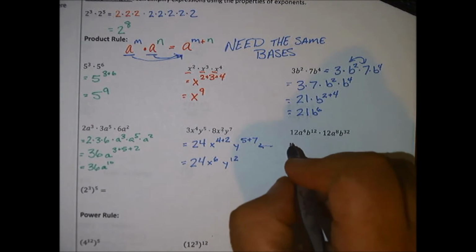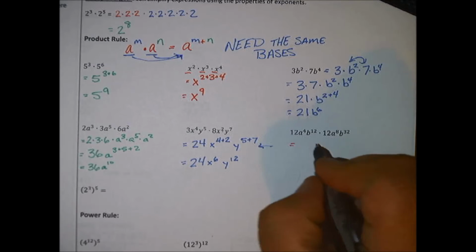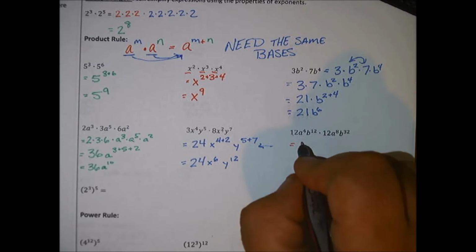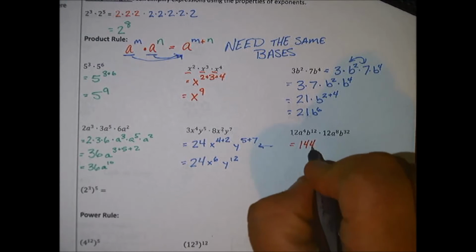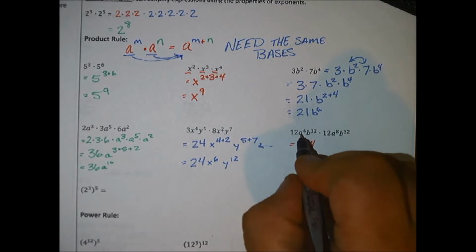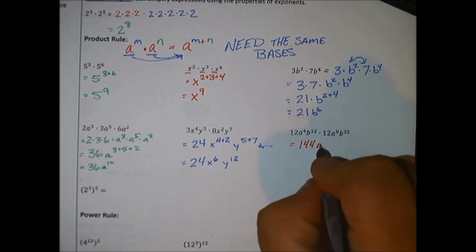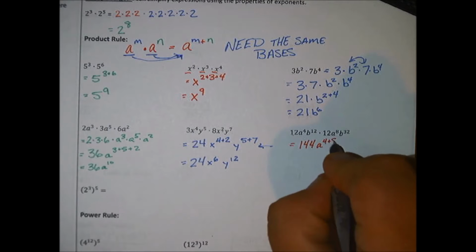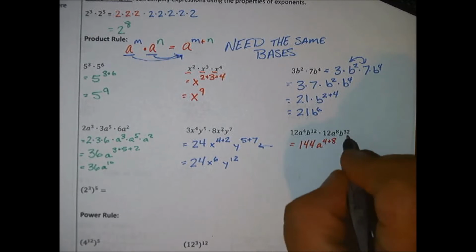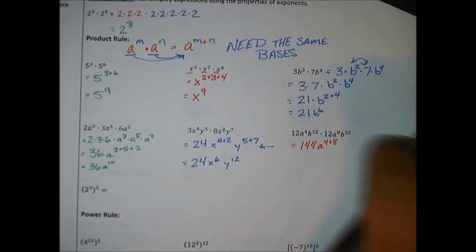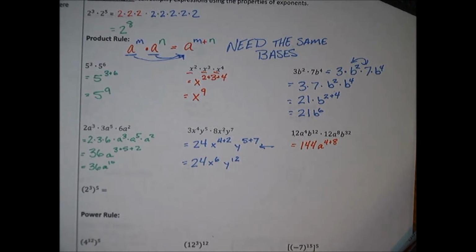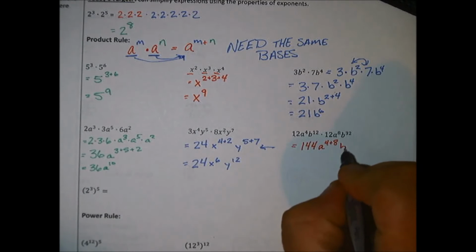Here we go. Last one here, and we'll move on to something else. 12 and 12, that's 144 when you multiply those. Okay, a to the fourth and a to the eighth. That's a to the 4 plus 8. And then b to the 12th and b to the 32nd. That's going to be our b to the 12 plus 32.